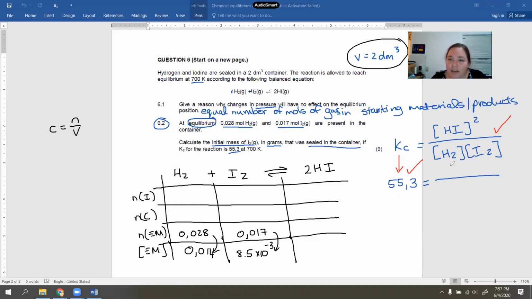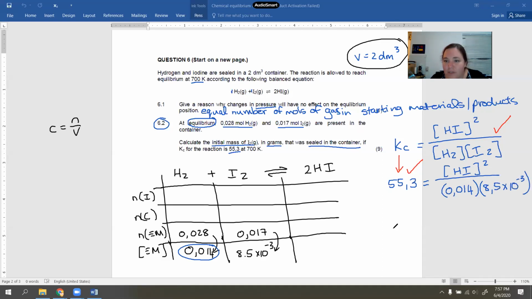So here we're going to have the concentration of HI, which we don't yet know, squared, over the concentration of H2, which is our 0.014. This value here is the concentration of hydrogen at equilibrium, so we plug it in there. The concentration of iodine is 8.5 times 10 to the negative 3.